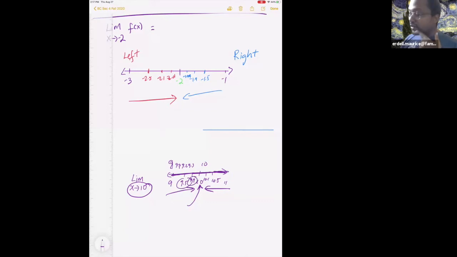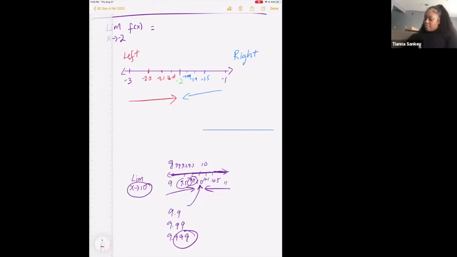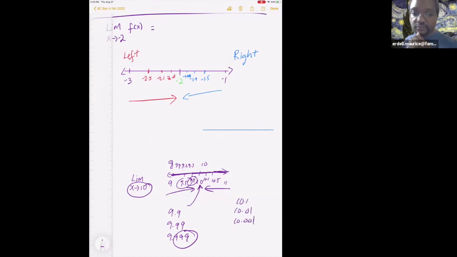I'm trying to get close to 10, and so I'm going to be choosing numbers like this eventually, because each time I add a 9, I get closer to 10. Okay? And the same thing on the other side, 10.1, 10.01, 10.001. Each time those numbers are closer to 10.